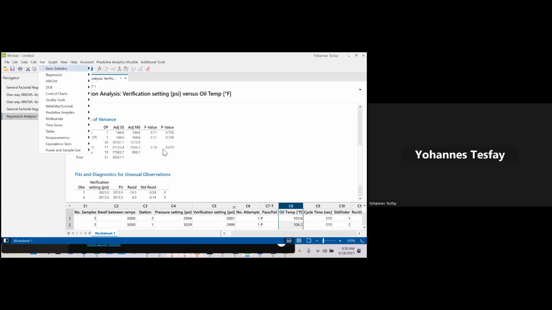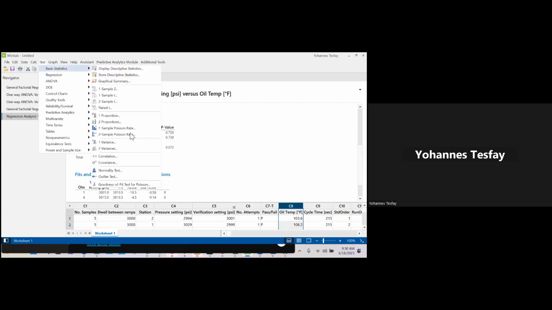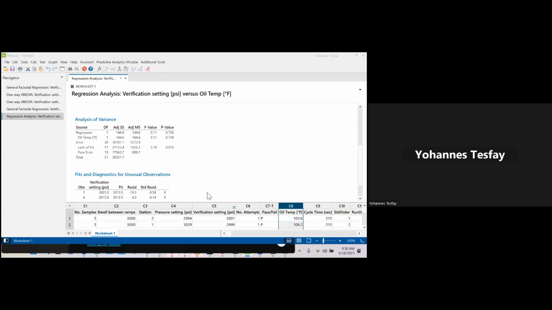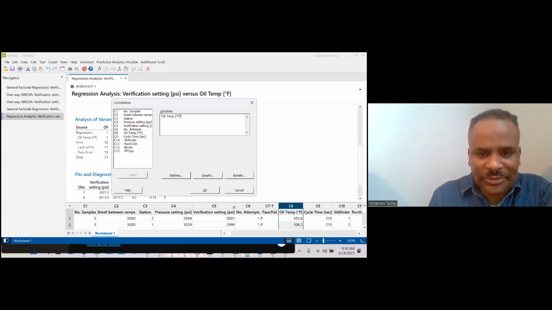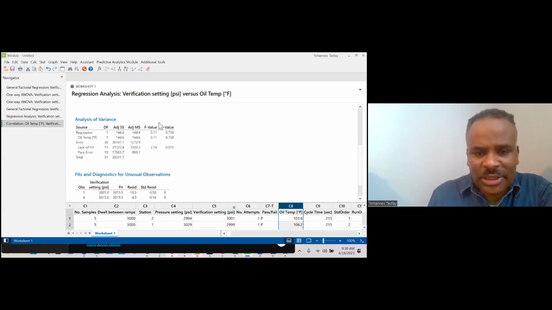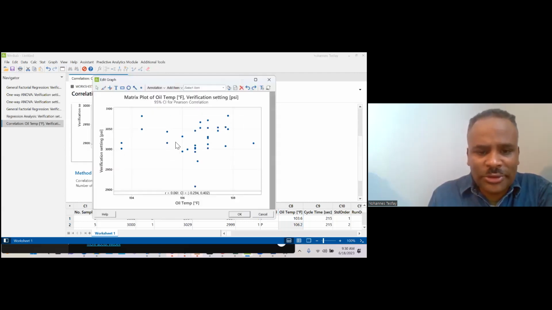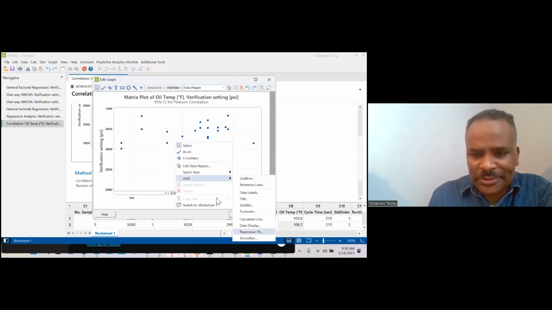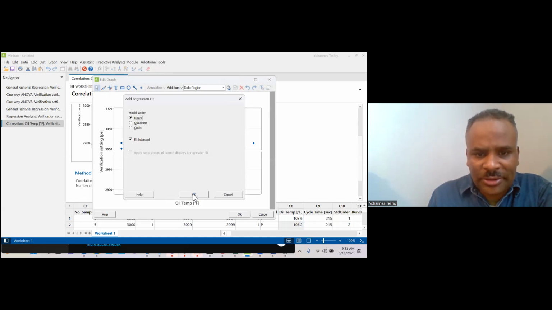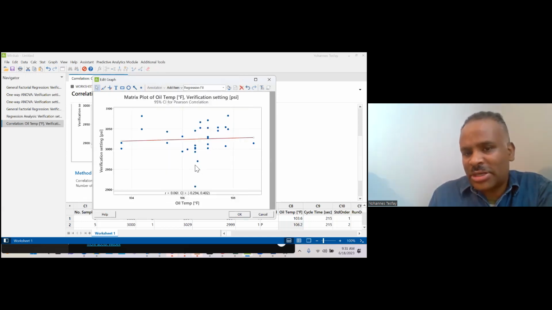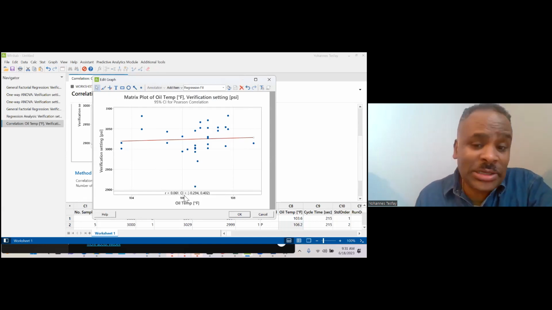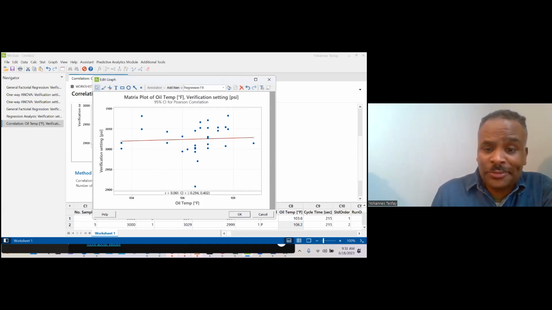Correlation. So the oil temperature, then pressure setting, then I'm going to show you a graph. You see, just like that, and maybe here you're going to add a regression line. Okay, regression line, then you're going to say okay, so this is the kind of relationship. So there is no relationship.